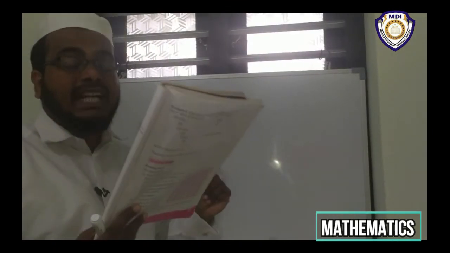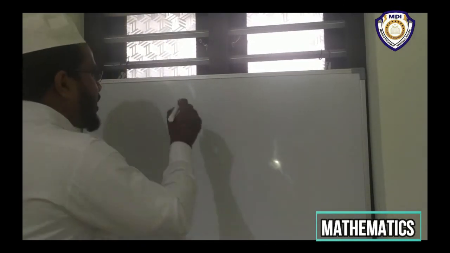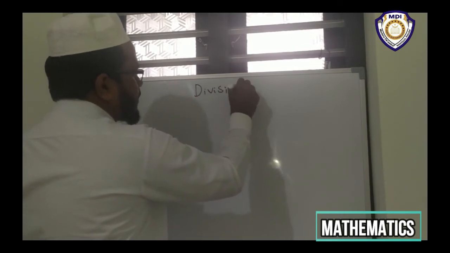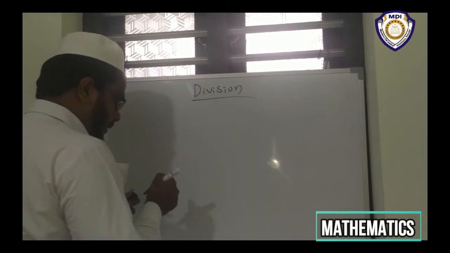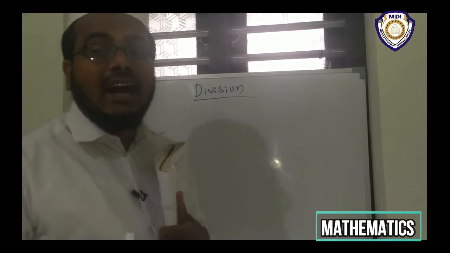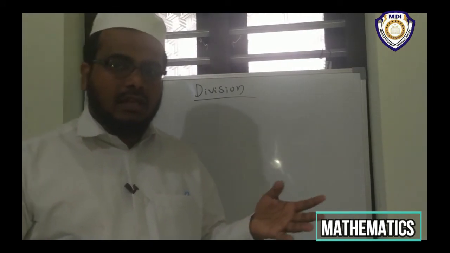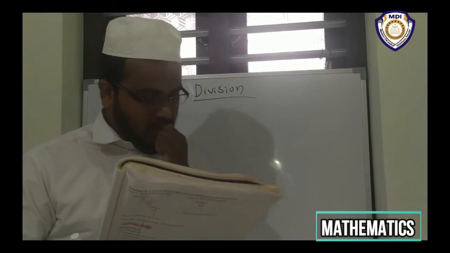Then HCF by division method. The second method is the division method. Okay. Division method. It is not like the division we have studied, but it is a new division method. Okay, long division.